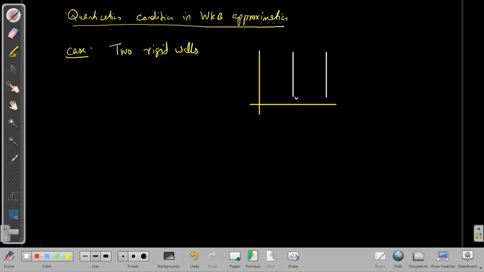And in between the potential may take some form. Okay, so from 0 to a it will have some potential. So in such cases the condition is integral 0 to a p of x dx is n pi times h cross. Okay, so that is our case 1.